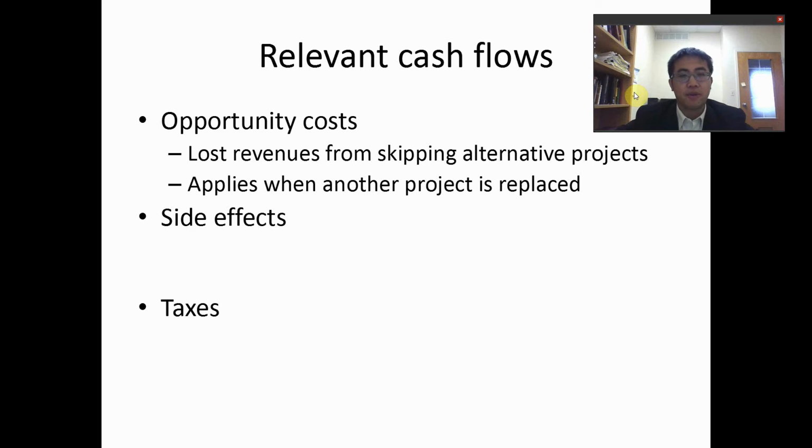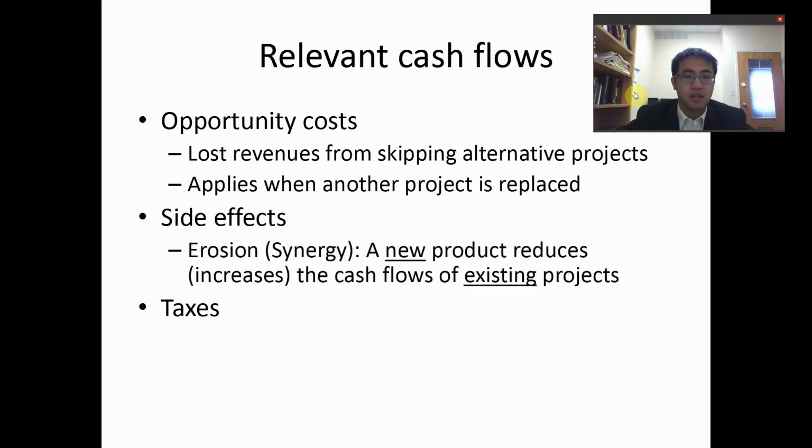The second part of relevant cash flows is the side effects. The side effect could be an erosion effect. It could also be a synergy effect. Following the definition, an erosion effect is the loss of a profit when a new product reduces the cash flows from existing projects.